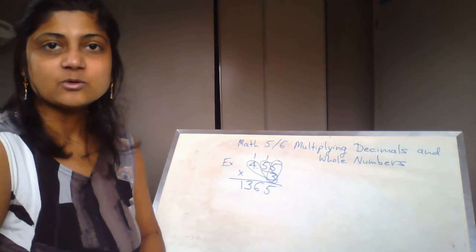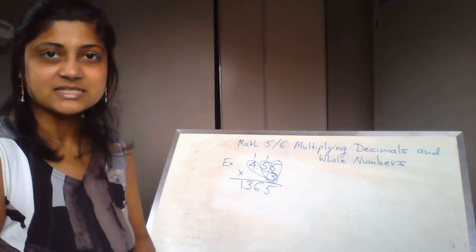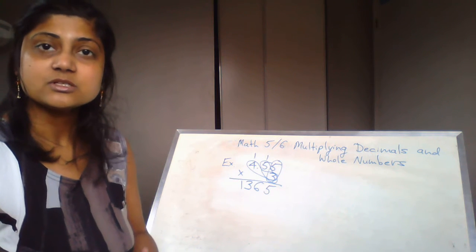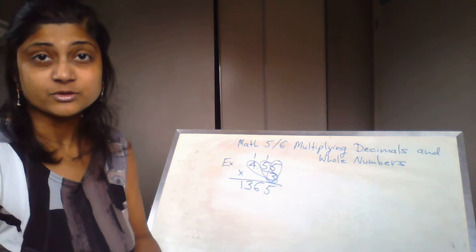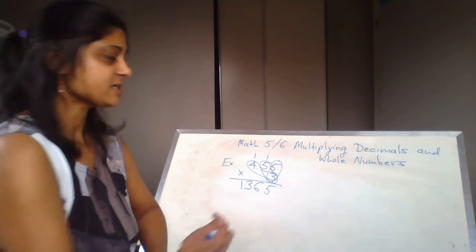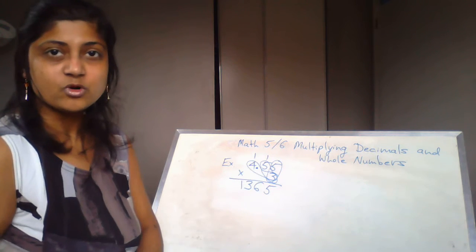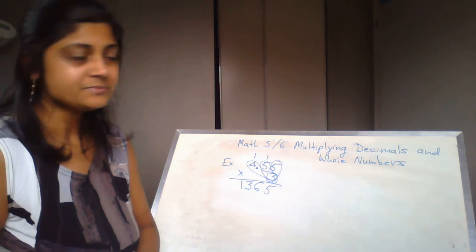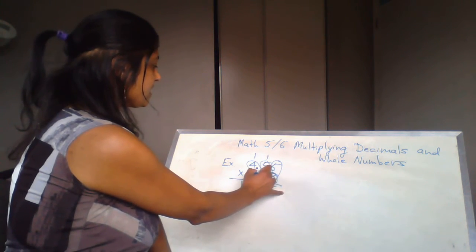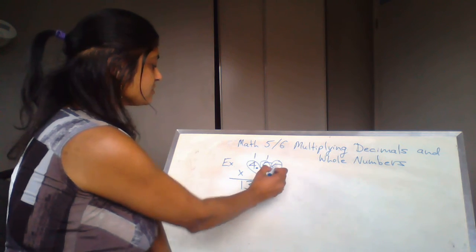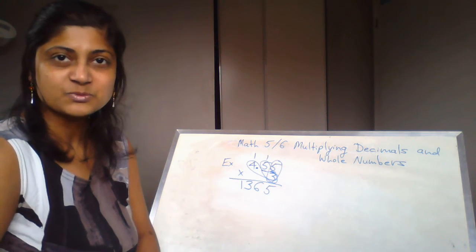Okay, now again, I do see that this is a decimal. You're just going to look at the number of numbers that you see after the decimal place. So you notice right here, I have my decimal, it's 4.55, and I have 2 numbers after the decimal place.